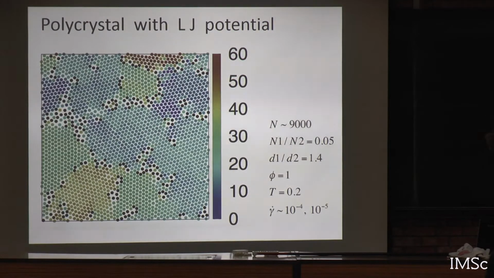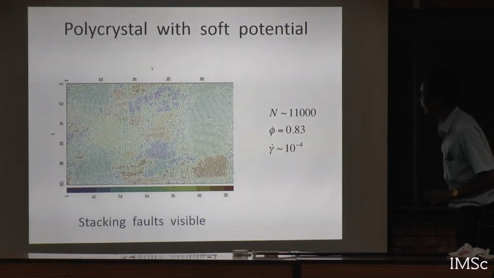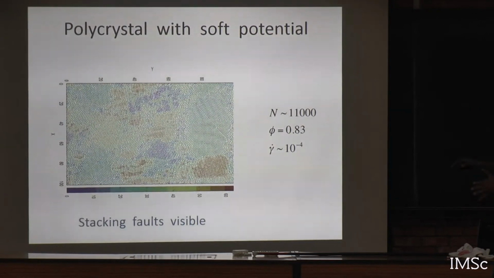In the earlier one, with the soft potential, I forgot to mention that the number of particles was about 11,000, and the strain rate was of this magnitude. One important thing I forgot: compared to our PFC simulation, here we see a few more realistic things, at least one more.